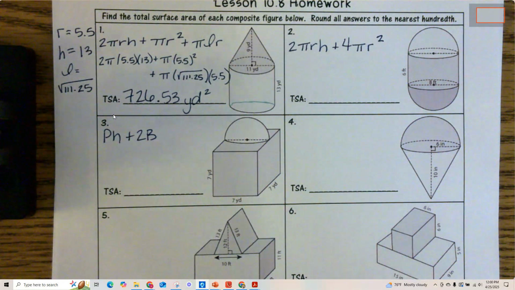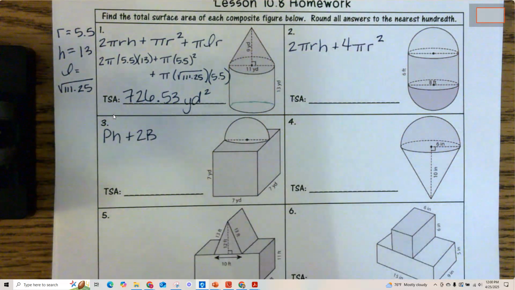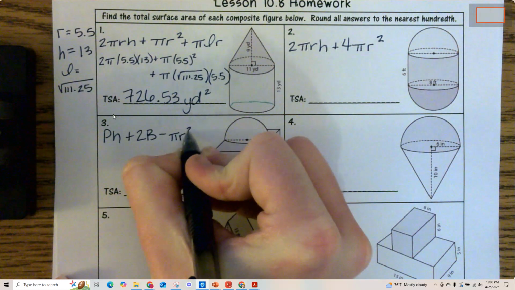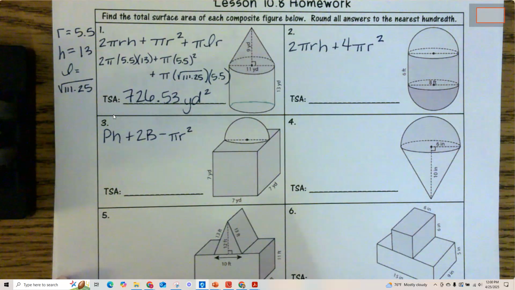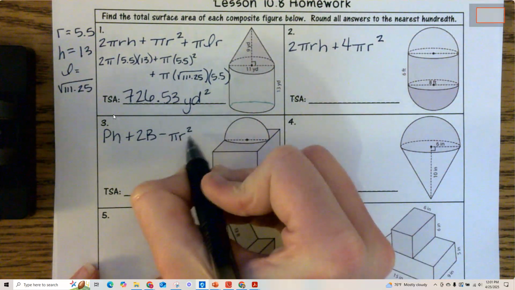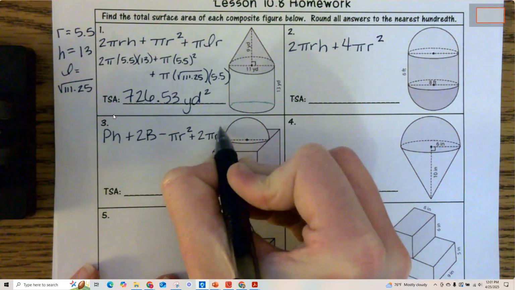So I have to subtract that area. The area of a circle is pi r squared. Then I would have to do this piece, the curved area, which is 2 pi r squared.